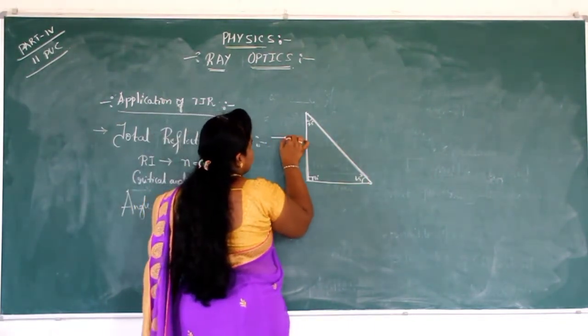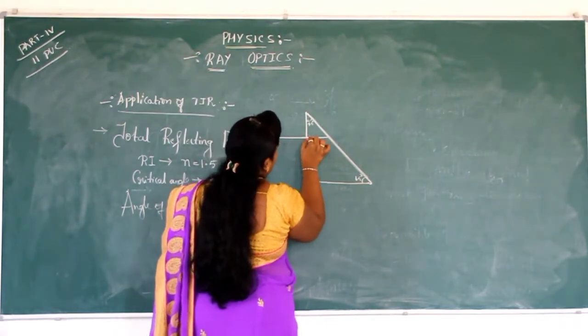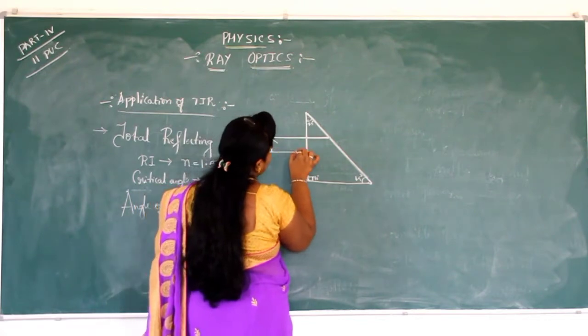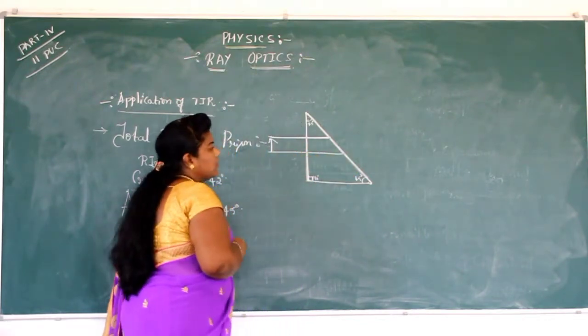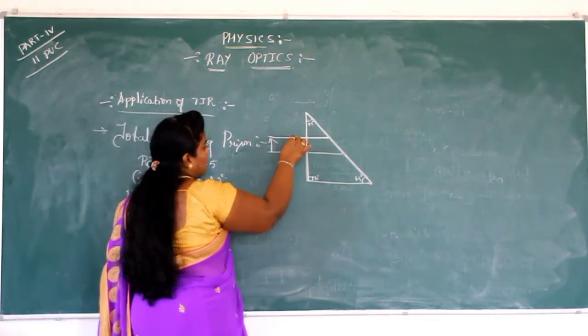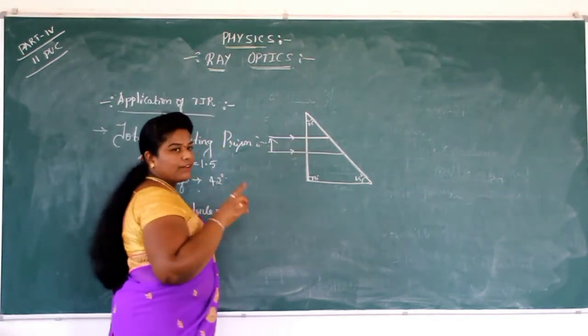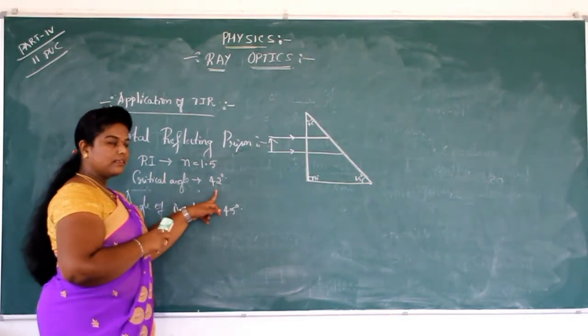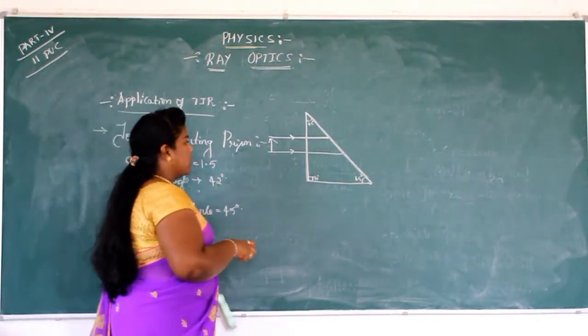Now I am going to incident rays of light from an object, so that two rays of light fall on one of the slant sides of the prism. You can observe that the angle of incidence should always be greater than the critical angle, that is 42 degrees.